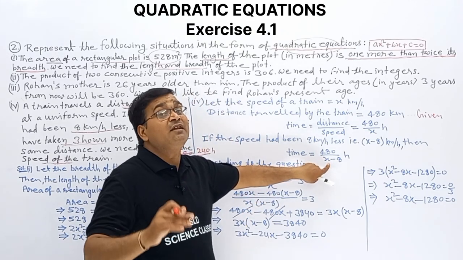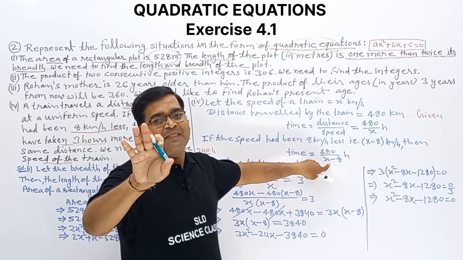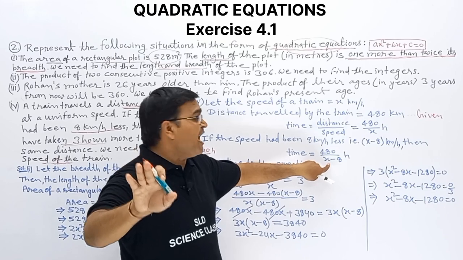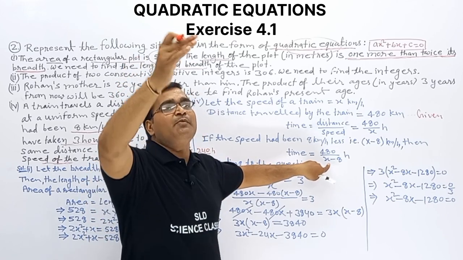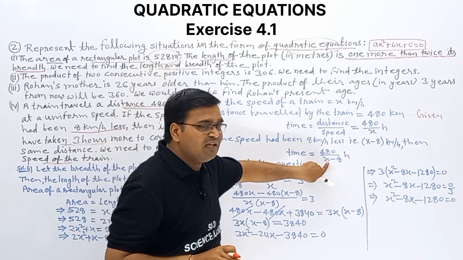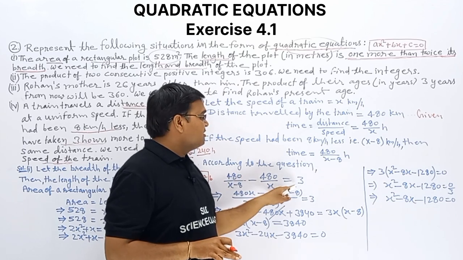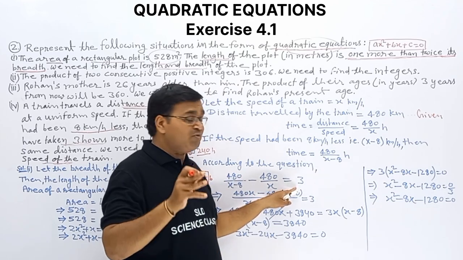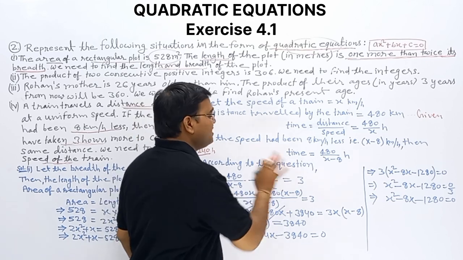Because it has more time. We reduced speed, it means time will be more. Reduced speed means time will be more. Clear? So we are taking this minus this one. And both differ by how much? 3 hours more. Clear? So this one is this one.